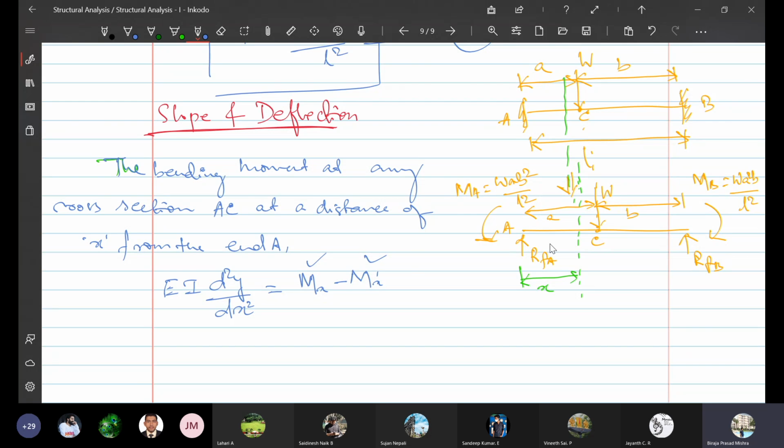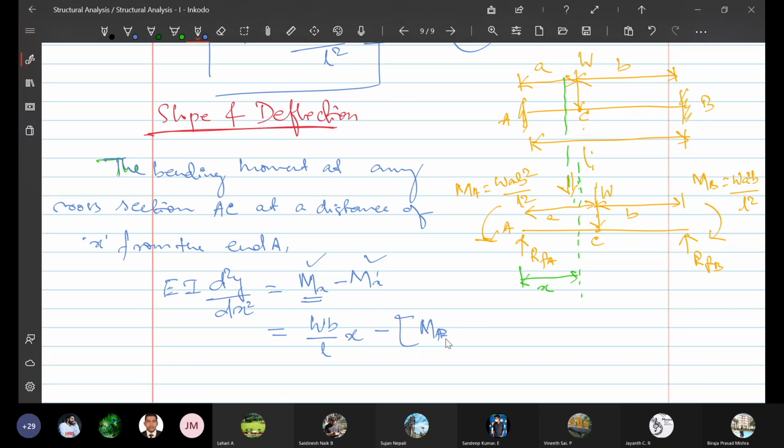If that is the case, can I write this one as, what is this Mx at this section? Mx is WB by L into X, minus MA.